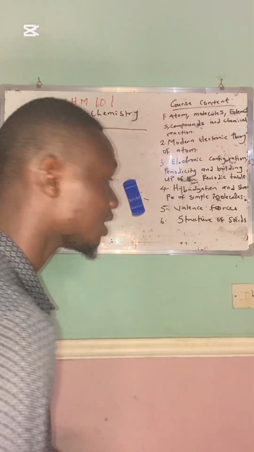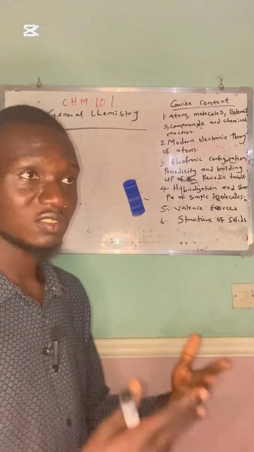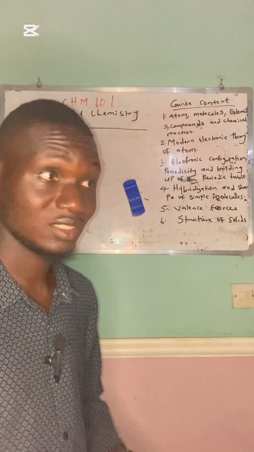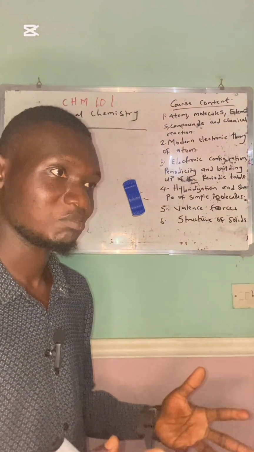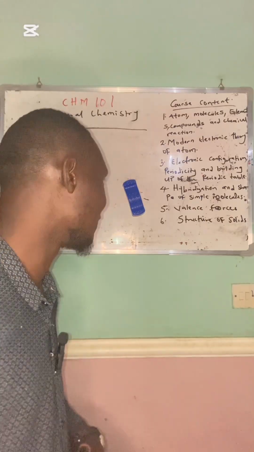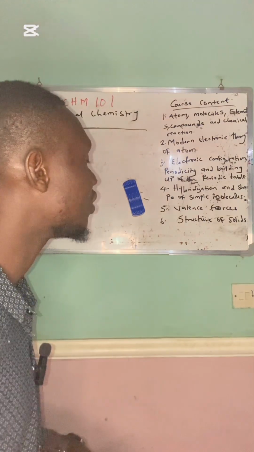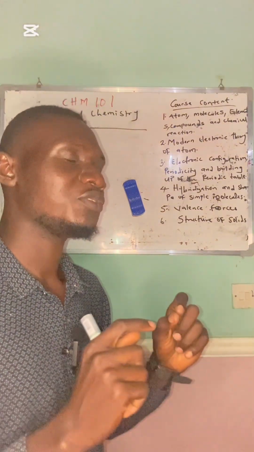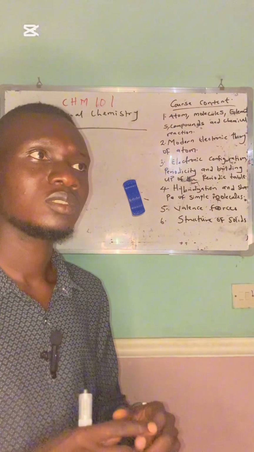So, chemistry has to do with the study of matter. Anything that has mass and occupies space is a good thing to study. Before then, we have to establish that there is something most common to matter.